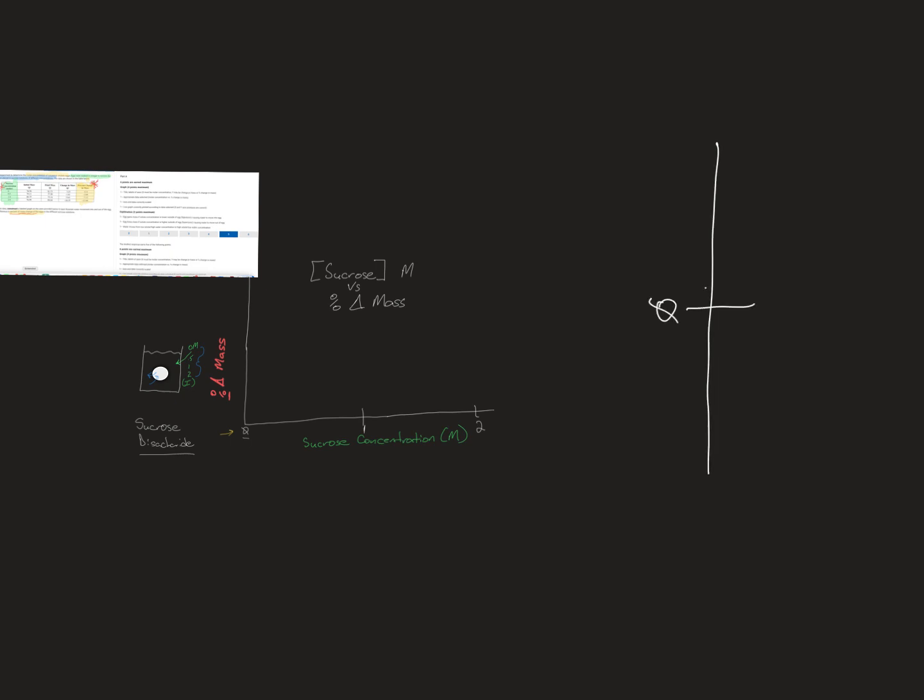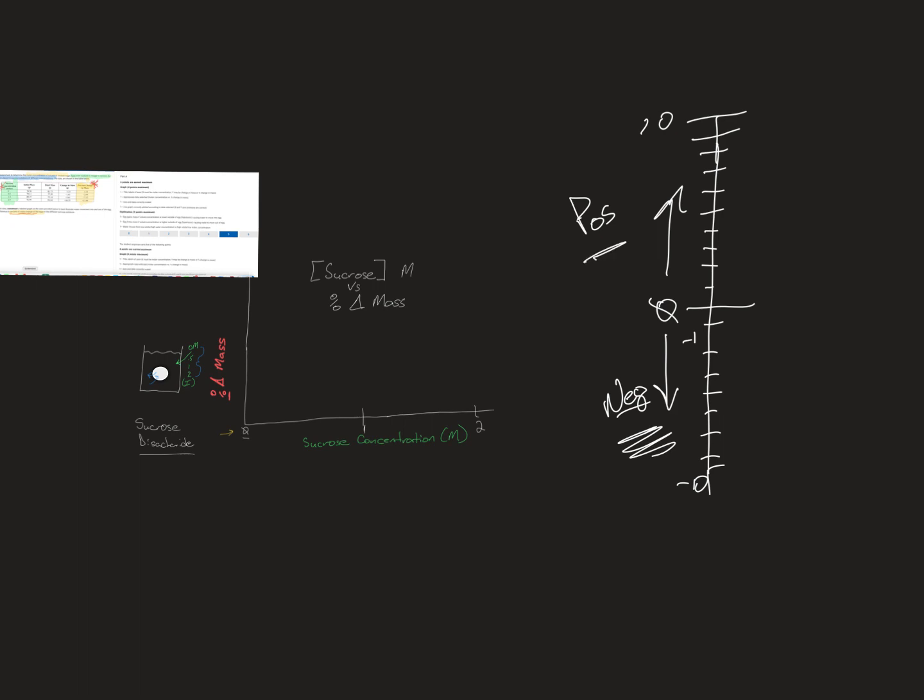I have to go 1, 2, 3, 4, 5, 6, 7, 8, 9, 10. So 10 goes up the positive side, and then down is negative. Negative 1, 2, 3, 4, 5, 6, 7, 8, 9, and negative 10. Negatives are here, positives are here. Above the 0, below the 0.